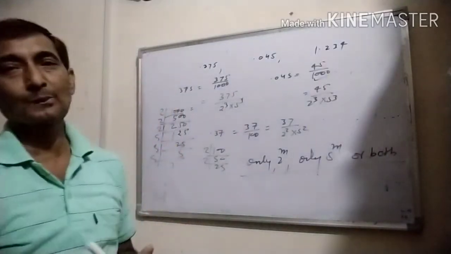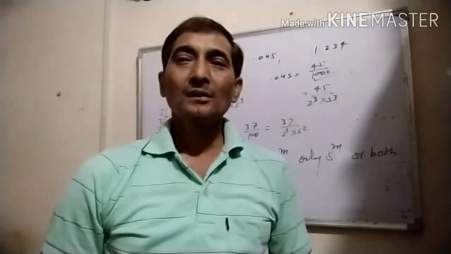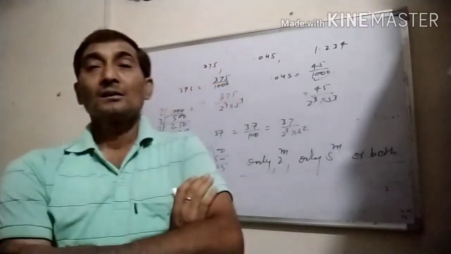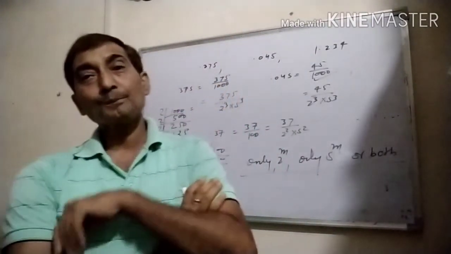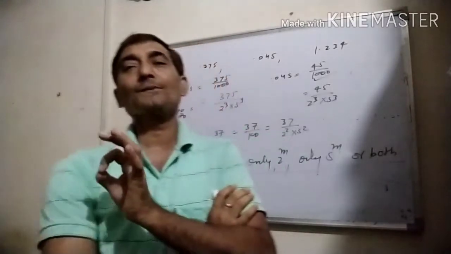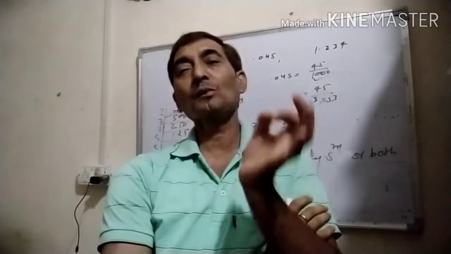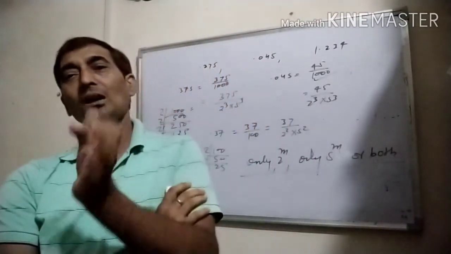This line is most important for you. In the terminating decimal expansion, the denominator is factorized into the form of only 2 to the power m or only 5 to the power m or both.